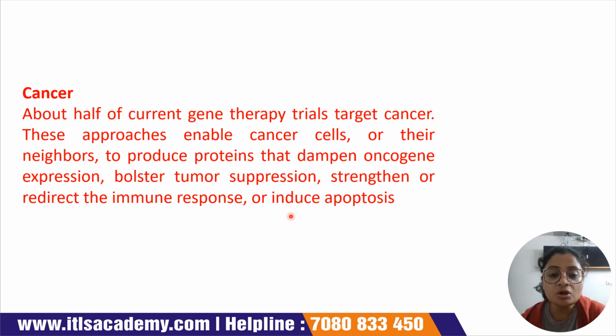Uncontrolled or abnormal proliferative cell division, uncontrolled expansion of cell growth, something which is not planned or maintained. So those are the oncogenes. It is very important to dampen, meaning to slow or inhibit, the expression of those oncogenes in order to inhibit or prevent cancer.